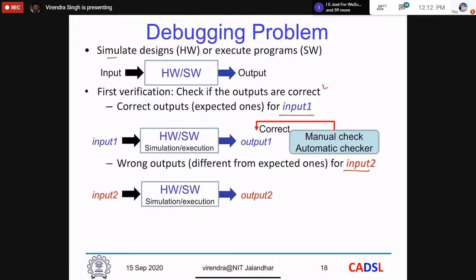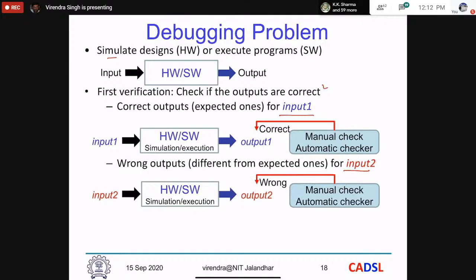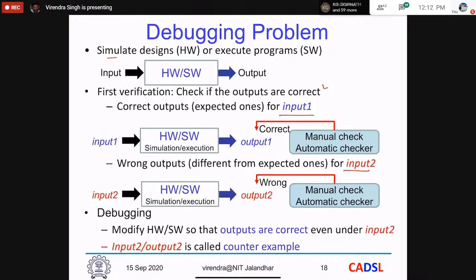Can I say this? I got two instances of input. For one, the output is correct. For the other one, the output is incorrect. So for the second one, the output is wrong. Now my debug process says that you modify the hardware or software, whatever system I have here, in such a way that the output of the second should also match.